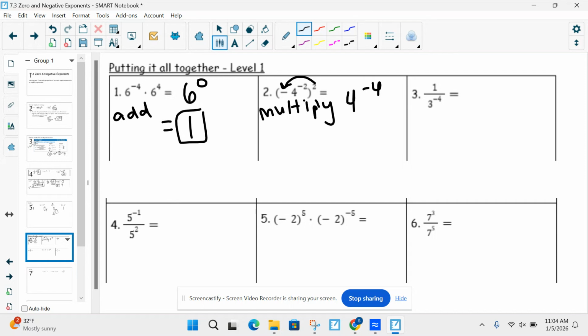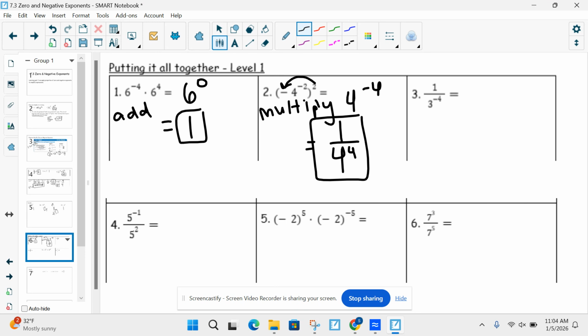But now we need to make it so that it doesn't have a negative exponent. So we'll take the reciprocal and write it as 1 over 4 to the 4th. And you wouldn't have to simplify that. If it was 4 to the 3rd, then you would, because 4 to the 3rd is up there on the board on one of the perfect cubes. But 4 to the 4th, you could just leave it like that.